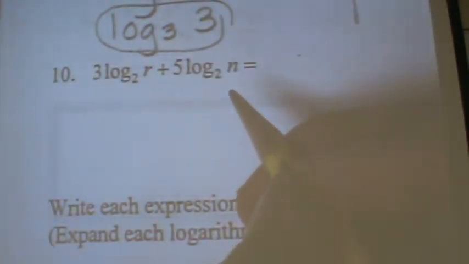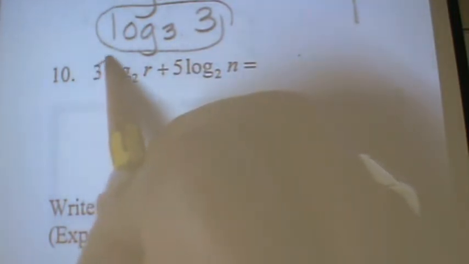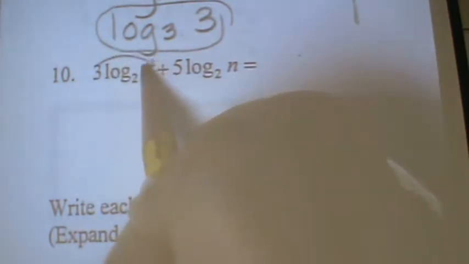So can you go the other way? If you see a number in front, it's called a coefficient. What do you do with this? You're going to back it up. So how can you condense this with the 3?